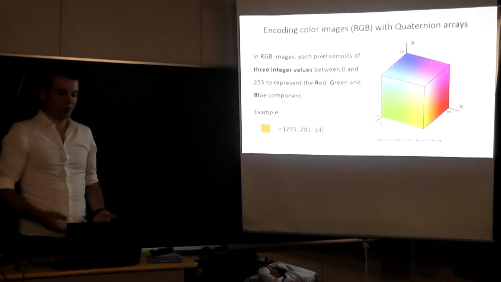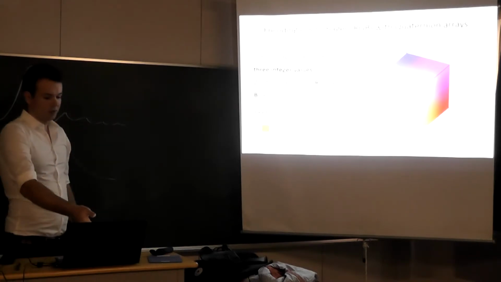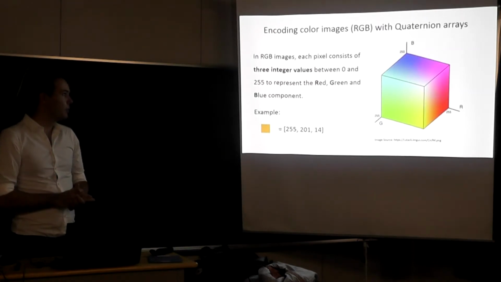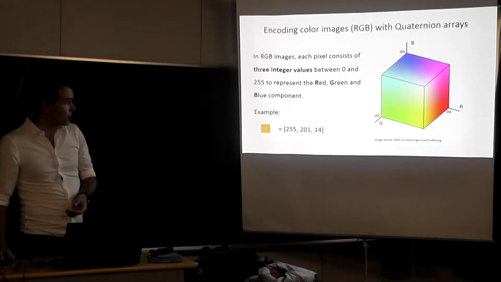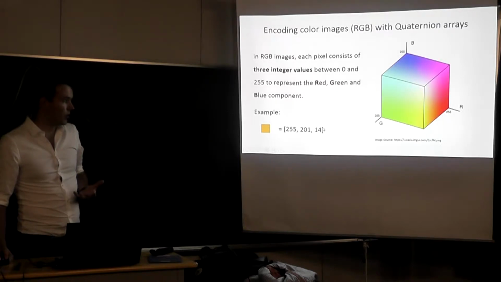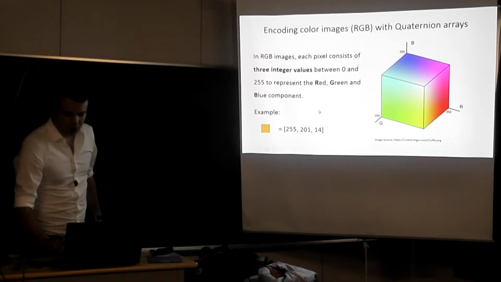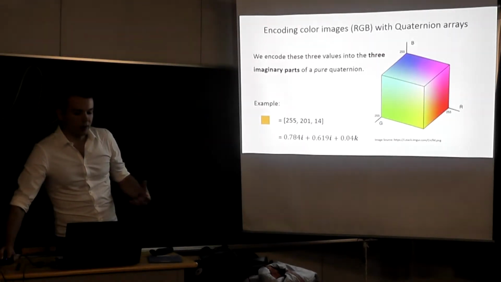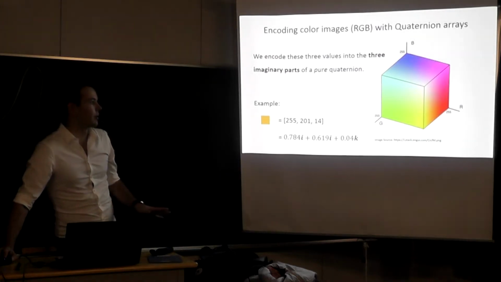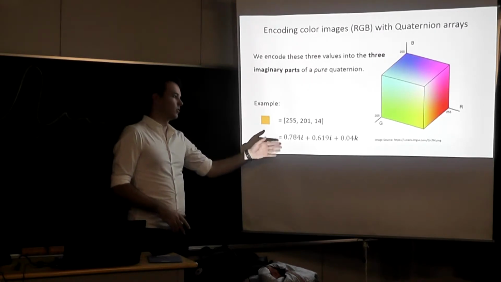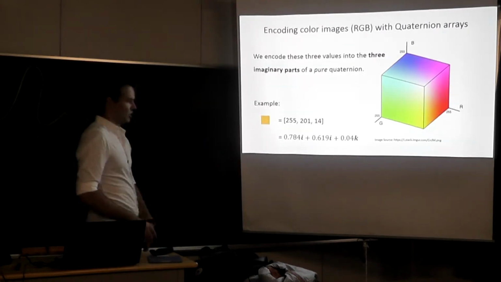RGB is basically three values between 0 and 255, and you get a color that lies somewhere in this cube. So it's a three-dimensional system, and you just take these three values and code a quaternion with them. You put these three values into the imaginary parts, not the real part. A quaternion that has no real part is called a pure quaternion.